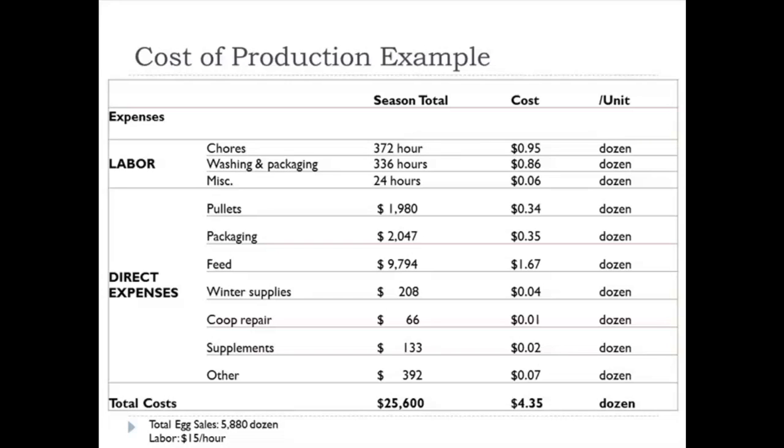And when they divided that number by the total number of eggs they sold, they figured that it cost them $4.35 to produce 1 dozen eggs. So now they have a starting point with which to price their eggs. Obviously they're not going to want to price it any lower than $4.35, and they need to price it probably higher than that to cover their overhead expenses in addition to their direct expenses.